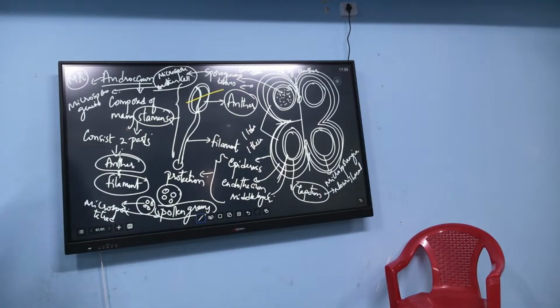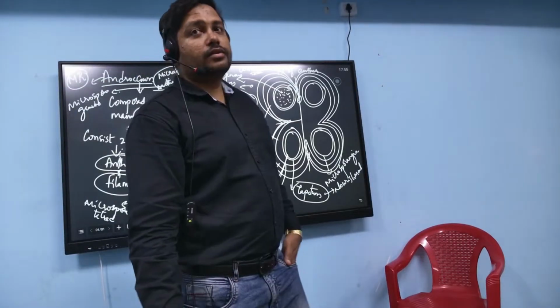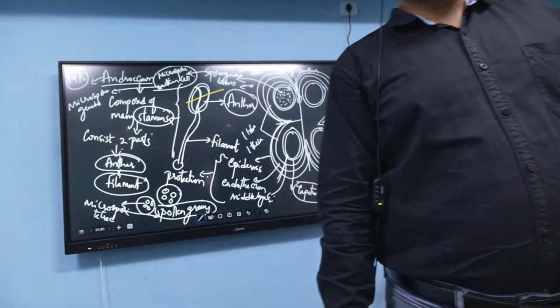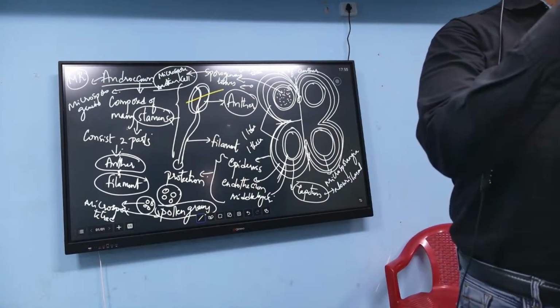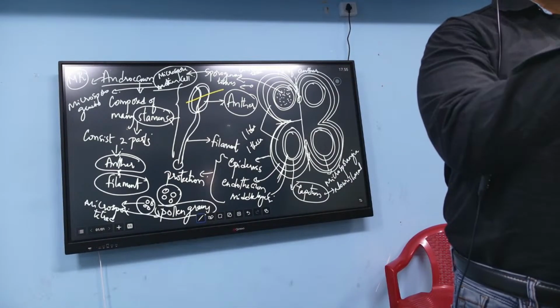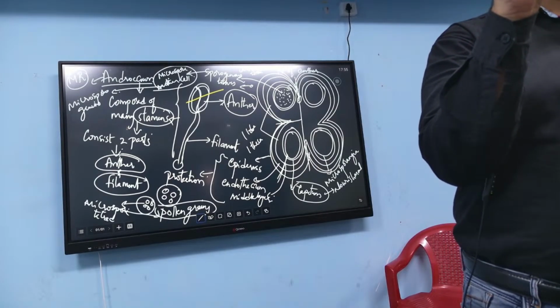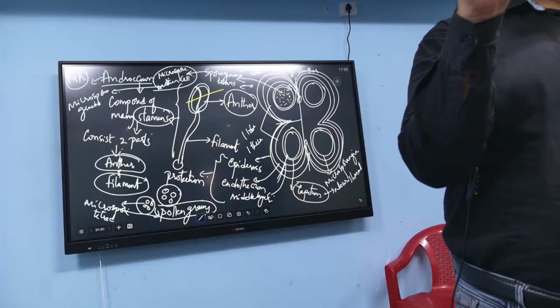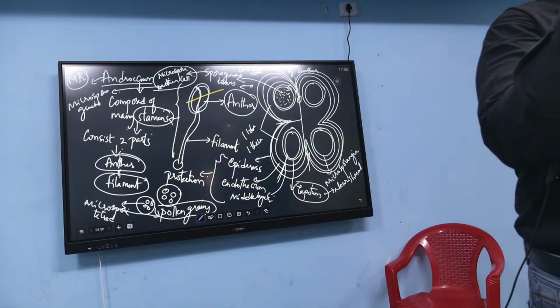What is a pollen grain? If I ask you, what will you tell? What is a pollen grain? All are from second PUC only now. First chapter is over. Which chapter is going on? The fourth chapter is going on.